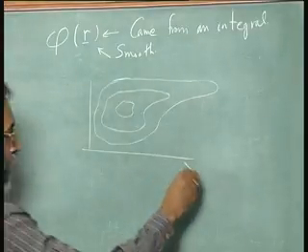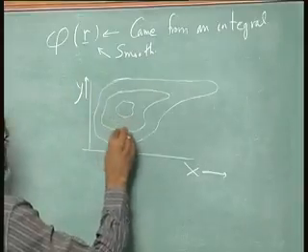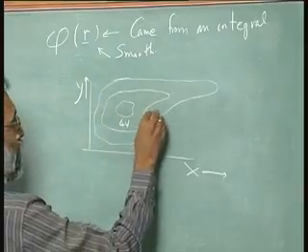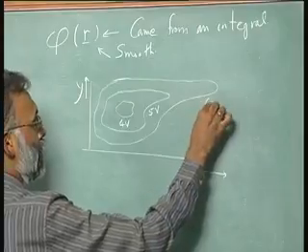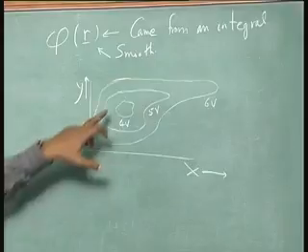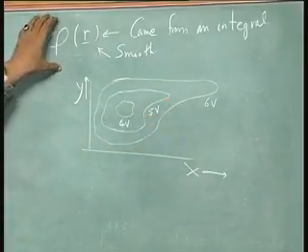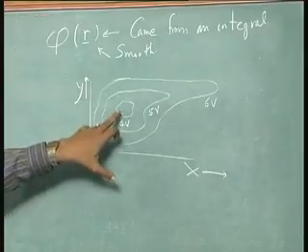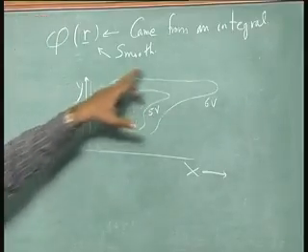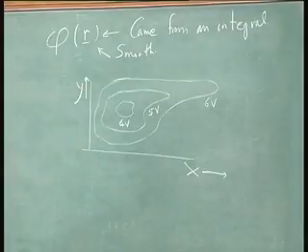This is x, this is y, and I say that phi is 4 volts, 5 volts, 6 volts, and so on and so forth. Because it is a smooth function, I have the ability to draw surfaces on which potential is constant.